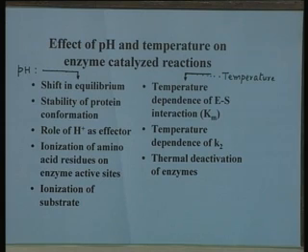Now, besides the substrates, inhibitors or activators, two major environmental parameters which constitute the bulk environment for enzyme catalyzed reactions are pH and temperature, and today we will be looking at these environmental parameters and how they influence enzyme catalyzed reactions.